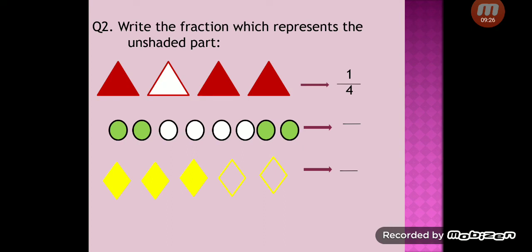In my next collection, I have 8 ovals and out of 8 ovals, 4 ovals are unshaded. So the fraction which represents the unshaded part is 4 by 8. In the next collection, I have 5 diamonds and out of 5 diamonds, 2 diamonds are unshaded. So what will be the fraction for the unshaded part? It will be 2 by 5.